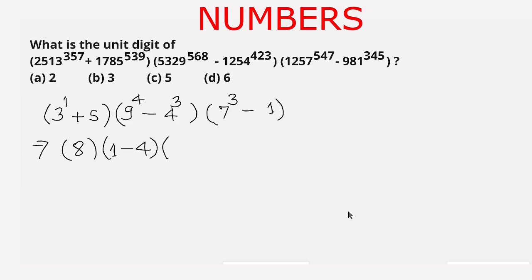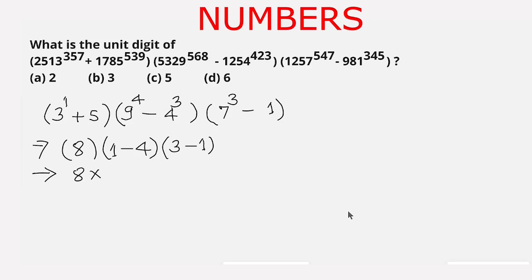7 to the power 3. 7 times 7 times 7. 7 times 7 is 49 and 9 times 7 is 63, which has unit digit 3, minus 1. This gives 8 multiplied by 1 minus 4, which is minus 3, but we cannot take it negative.